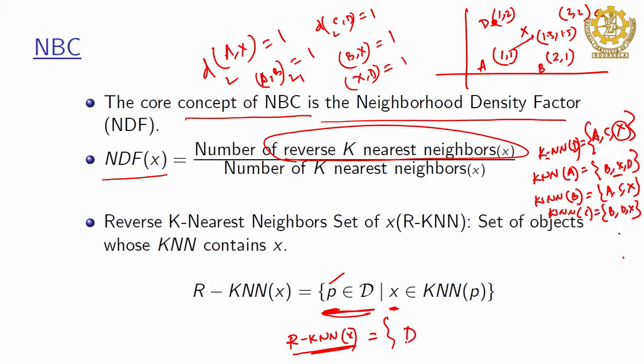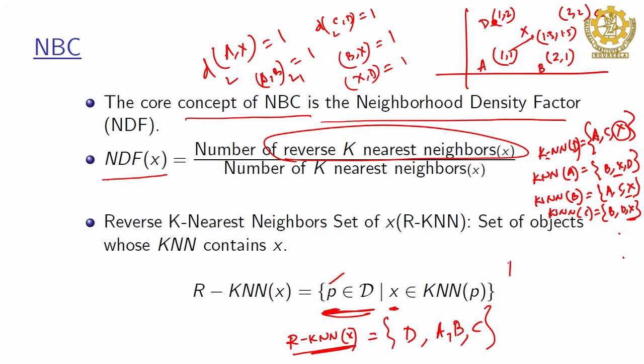So, this will be D, because X is appearing in the k nearest neighbor of D. X is appearing in the k nearest neighbor of A, so this is A. X is appearing as a k nearest neighbor of B, so this will be B, and then X is appearing as a k nearest neighbor of C. So, the reverse k nearest neighbor of X will be A, B, C, D, all 4 points.